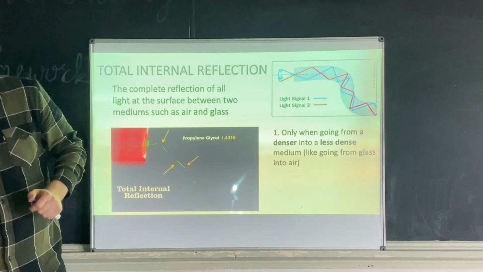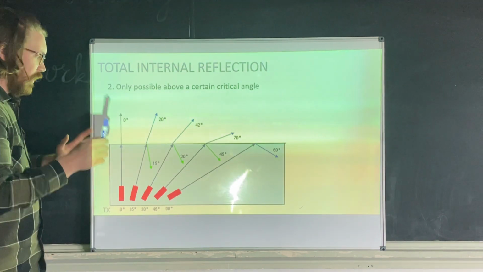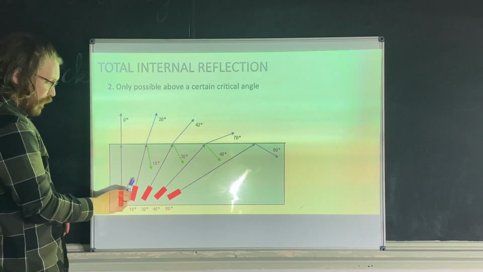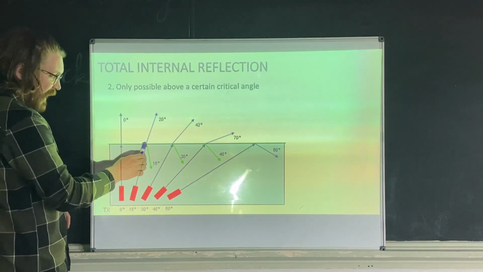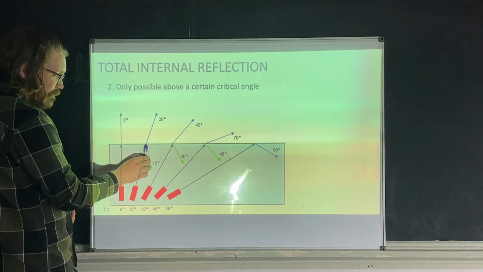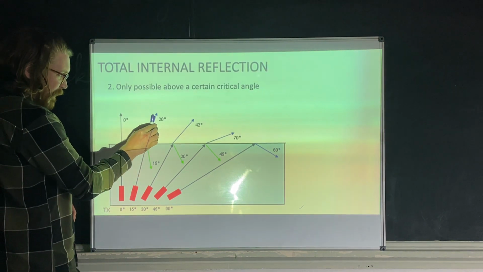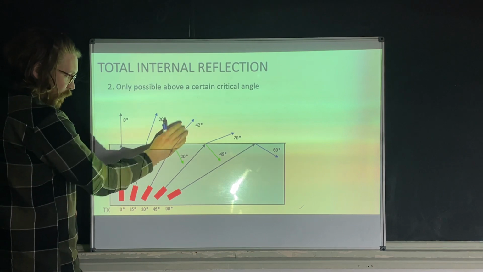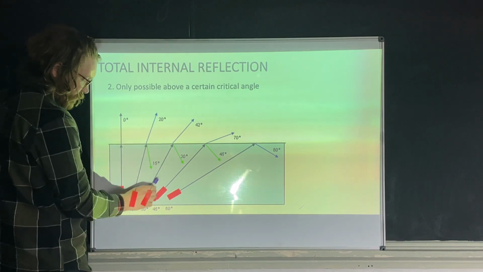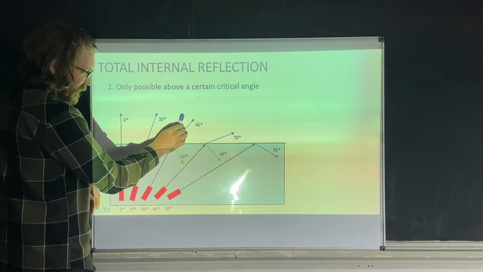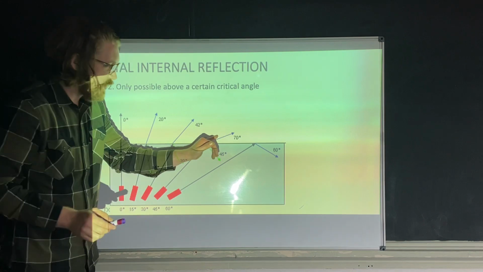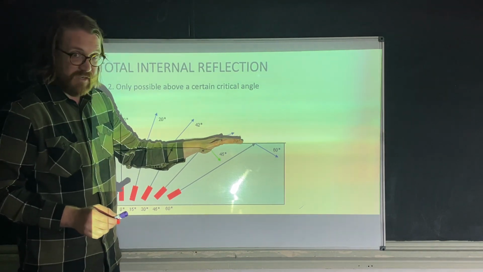So what does this look like? This is crazy to see, and I'll show you a video in class, but when you are shining light from glass, like in a prism, to the air, what'll happen is at most angles, that light will bend away from the normal just a little bit. Notice it wants to go this way, it bends a little going out of the glass into the air. And notice this angle keeps bending and bending and bending.